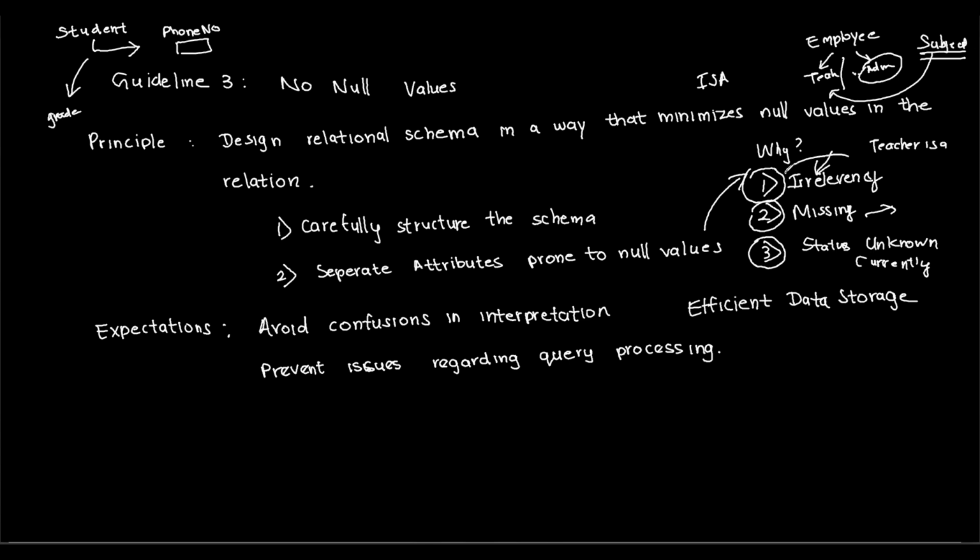But poor schema design they can actually correct. So that's what we are targeting when decomposing relations into smaller, simpler relations. That's it for guideline 3. We have focused on guidelines 1, 2, and decomposition in this video, and also guideline 3. We'll look at guideline 4 in the next video.